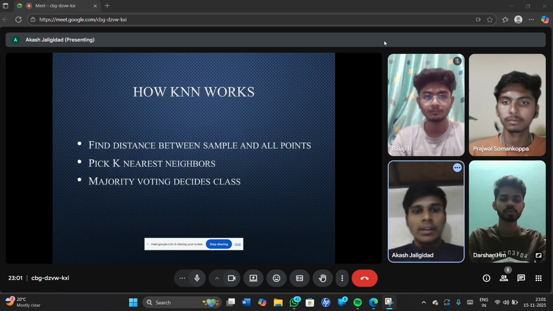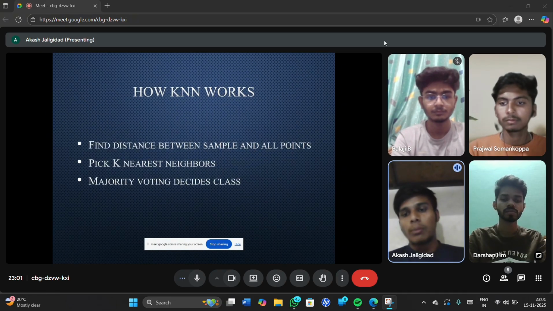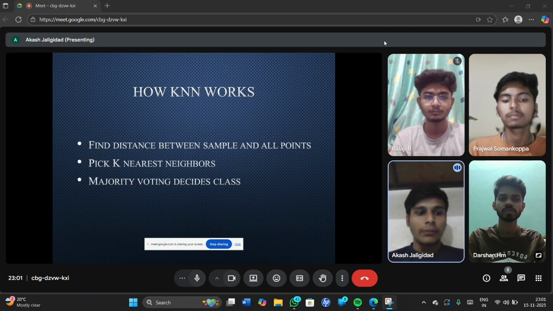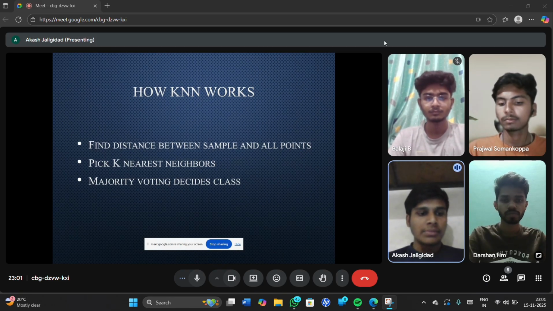How does KNN work? Find the distance between the sample and all points. Pick the K nearest neighbors. Majority voting decides the class. In this slide we explain the working of the KNN algorithm. First, when a new data sample comes in, we calculate its distance from all data points in the dataset, commonly using Euclidean distance.